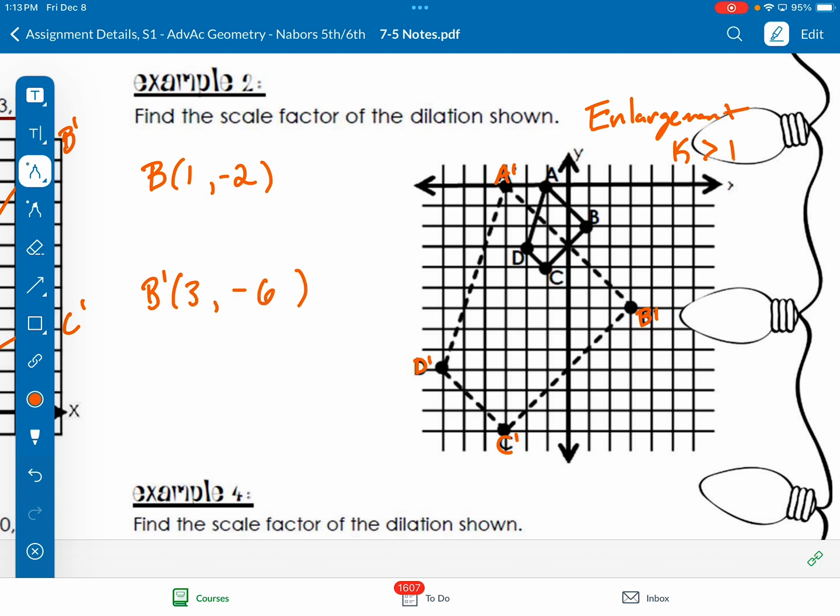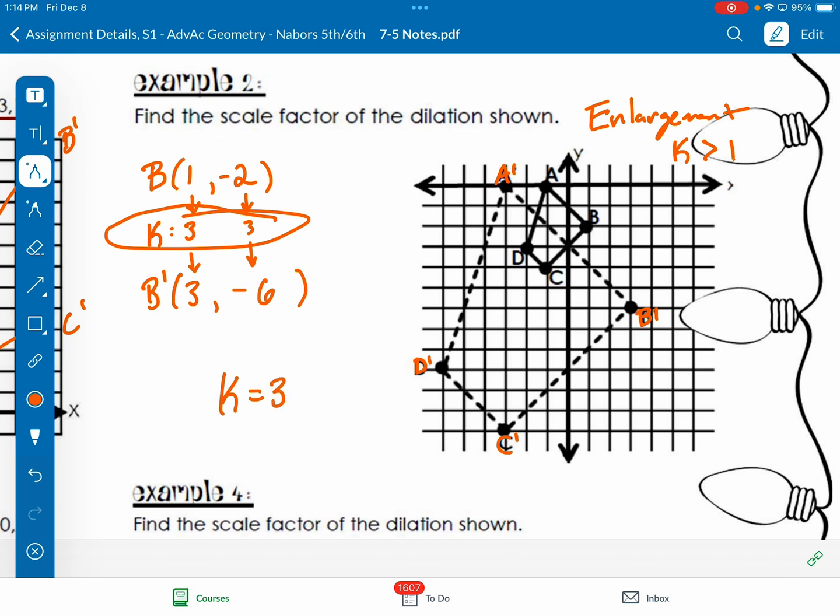So we're looking for the scale factor, K, which is kind of the middleman, right? K is how do you go from here and get here? What do they multiply by? 3. There we go. It should be the exact same number for both. If it's not, there's a problem. You probably looked at the coordinates wrong. But that's probably the easiest way to find the scale factor if you can't count the sides. So our scale factor right here is 3.